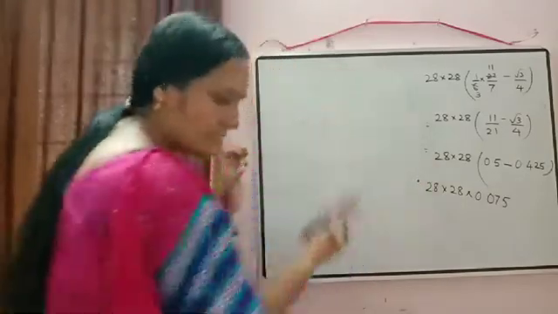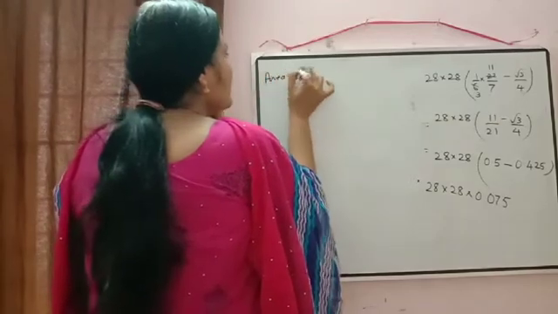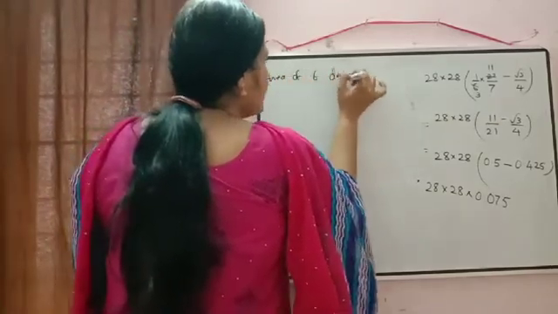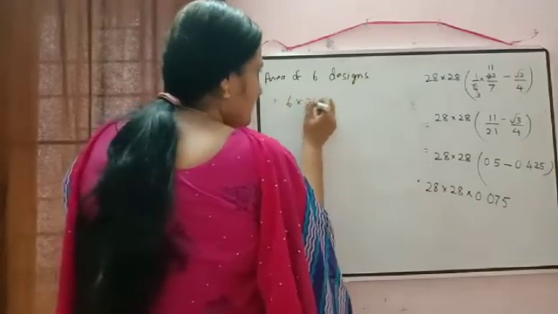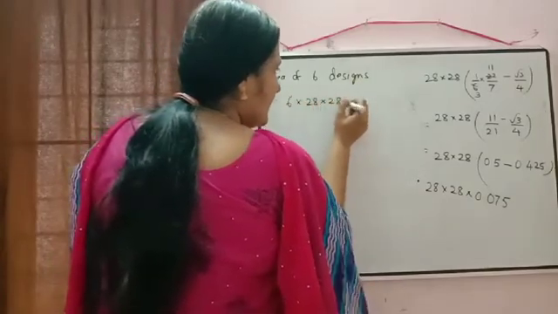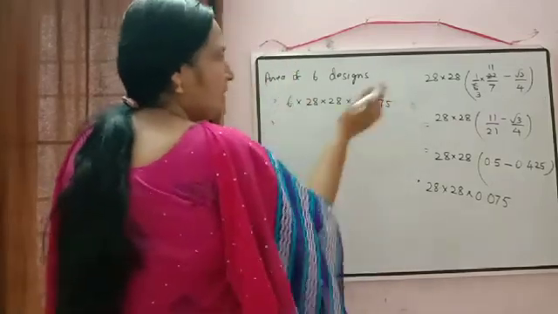Area of 6 designs is equal to 6 into 28 into 28 into 0.075. Now this one we can multiply.